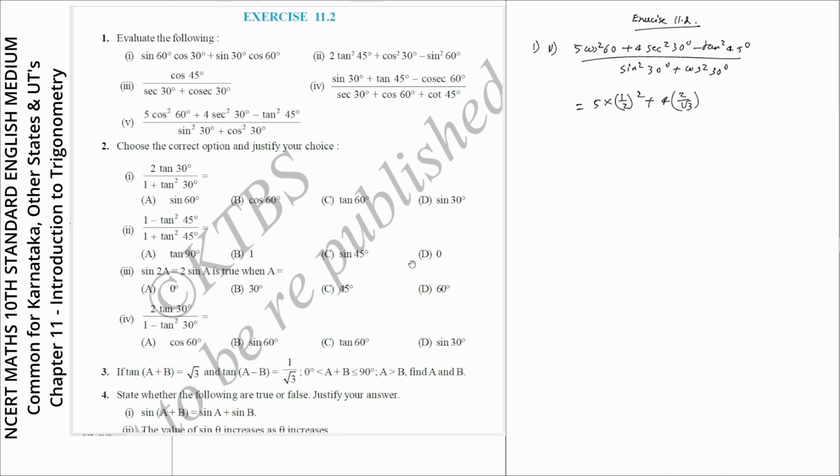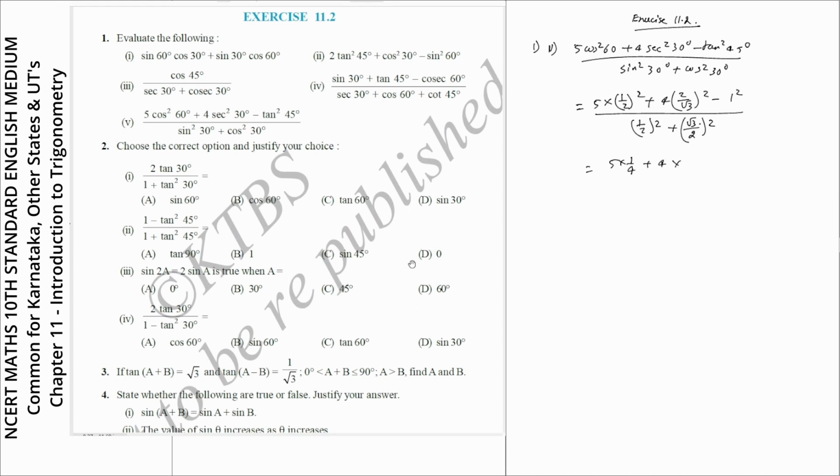(2 by root 3) the whole square minus tan 45 is 1, so 1 square, by sin 30 is 1 by 2, the whole square, plus cos 30 is root 3 by 2, the whole square. So this is equal to 5 into 1 by 4 plus 4.